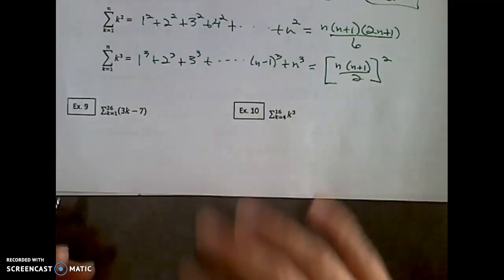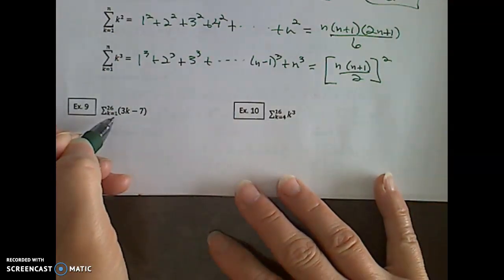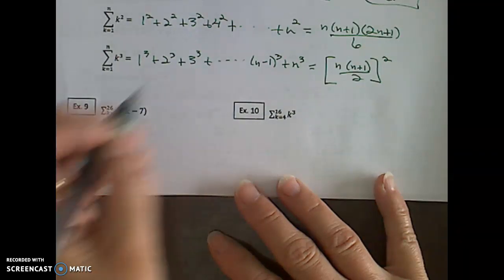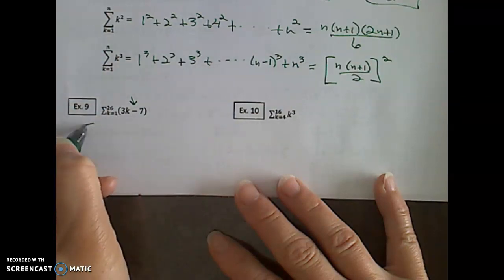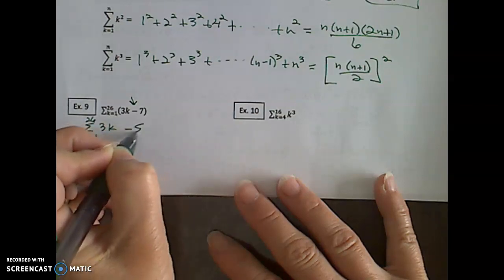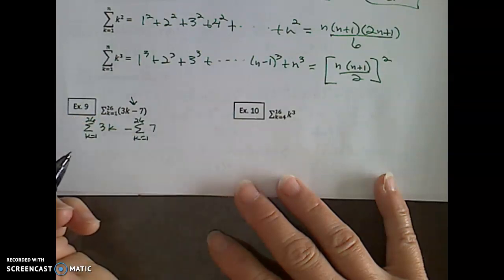Alright, let's practice a few of those properties up above for some sums. I want you to find the sum of the first 26 terms in that sequence. That's challenging. Let's use some properties to make our life easy. I've got subtraction, so I can separate this. The sum from k equals 1 to 26 of this sequence minus the sum from k equals 1 to 26 of this simple sequence.